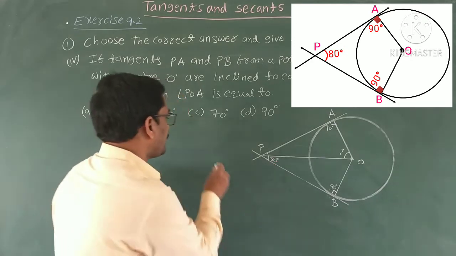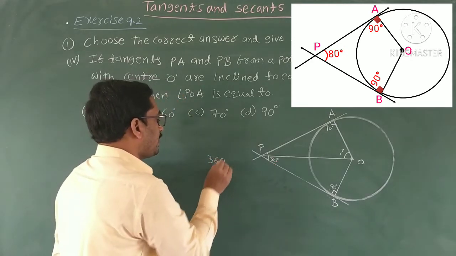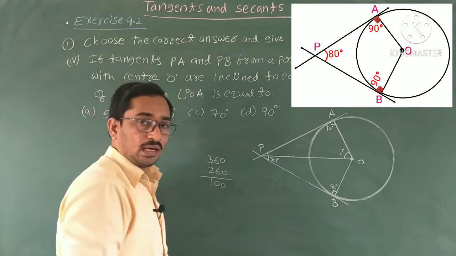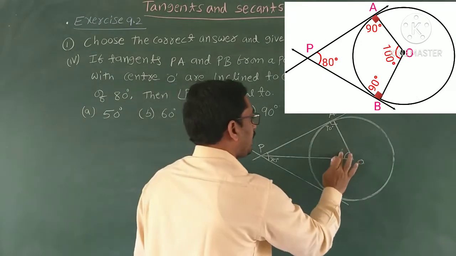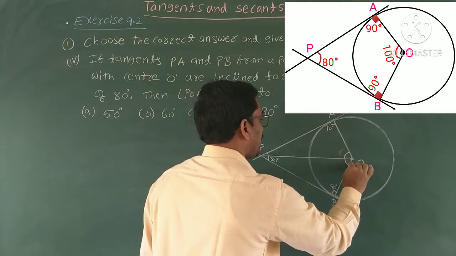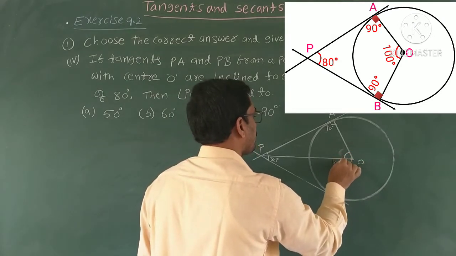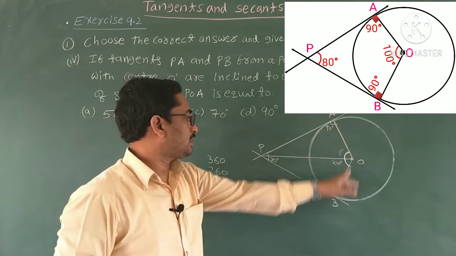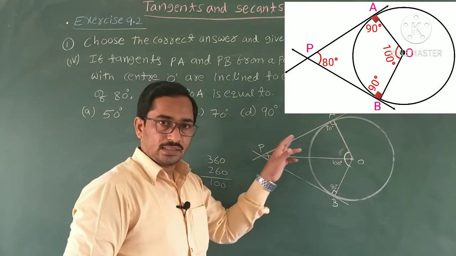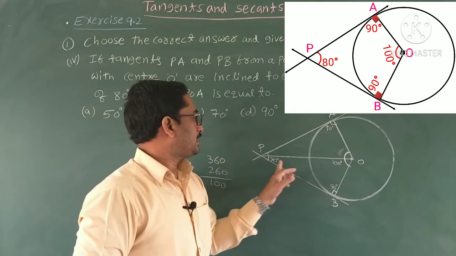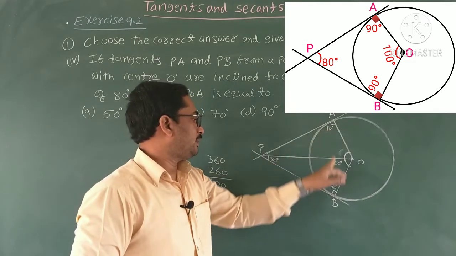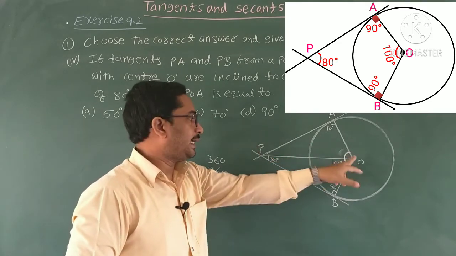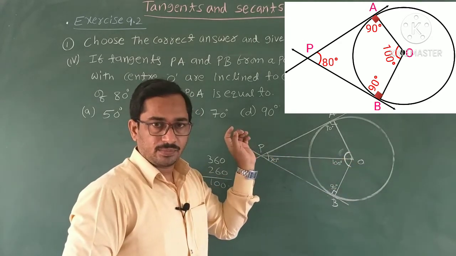So the remaining is 360 minus 260, which equals 100. So the complete angle at O is 100 degrees. Add all these and check whether you get 360: 100 plus 80 is 180, 90 plus 90 is 180, and 180 plus 180 is 360.